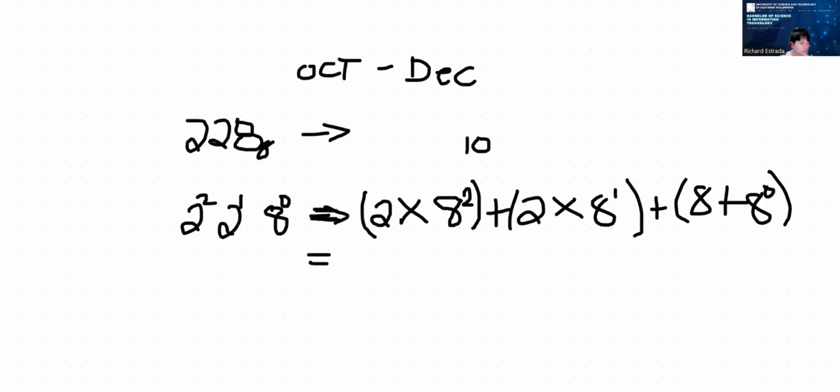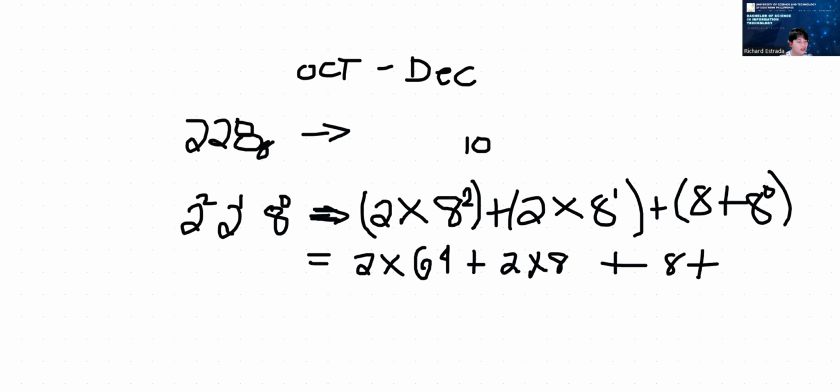2 times 8 to the power of 2. 8 to the power of 2 is equal to 64, right? Plus 8 to the 1 is of course 8, so 2 times 8, plus 8 to the 0.